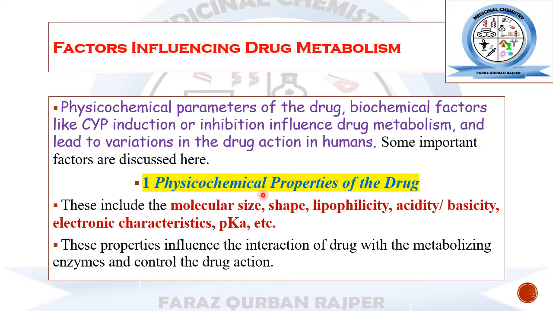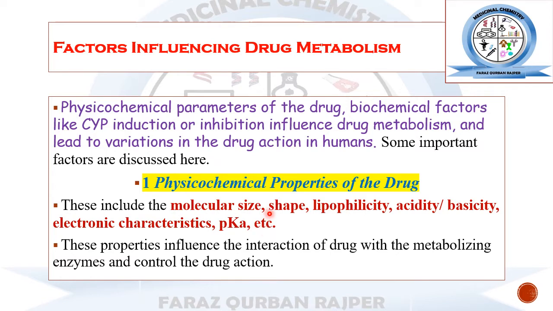The physicochemical properties of a drug molecule, like its molecular size, molecular shape, lipophilicity, acidity, basicity value, its ionization constant and electronic characteristics, all of these properties influence the metabolism of the drug. As we discussed in detail in our SAR lecture, size affects drug metabolism.